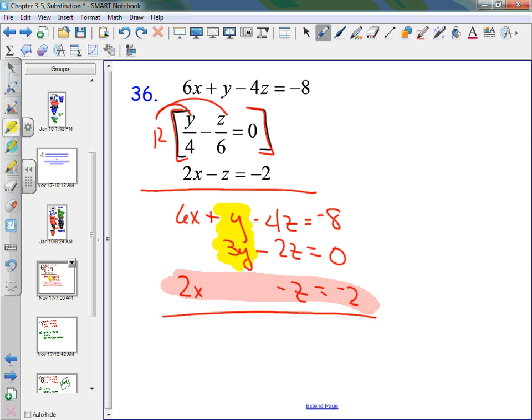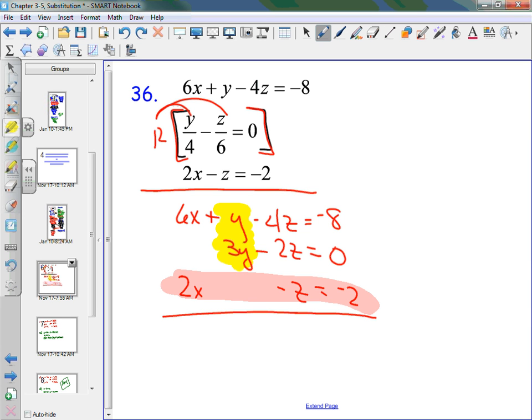Why would I do that? Because the coefficient of it is 1. And since the coefficient is 1, that's the equation I'm going to choose. So I'm going to take equation 1 and I'm going to solve it for y. And again, I'm on the other board for those people watching it.